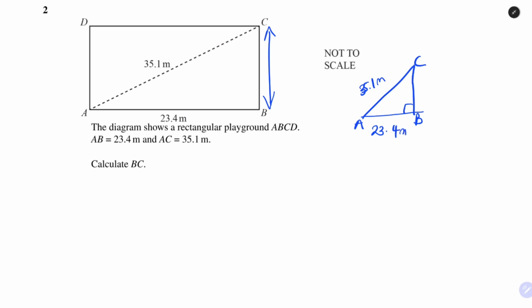Okay, now we can see that AC is the hypotenuse. So if we want to apply our Pythagoras theorem, AC square should give us AB square plus BC square. And we're looking for BC, so it's going to be AC square minus AB square.